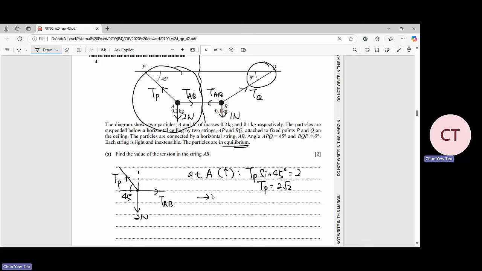Then if you resolve the forces horizontally, you will have TP cos 45 is equal to TAB. Then your TAB will be equal to 2 root 2 divided by 1 over root 2. Cancel it off, you will get TAB is 2 Newton. Done for the question number 4.